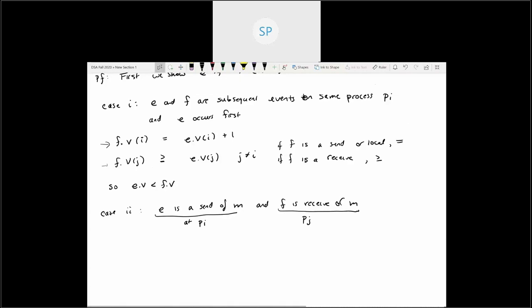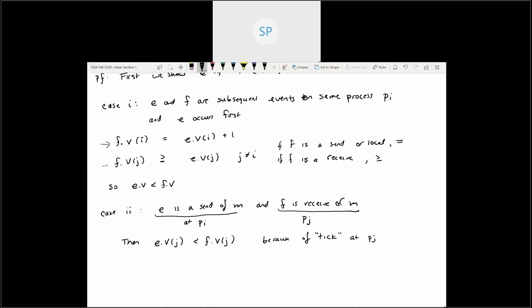So we look now at the jth component of F. It's going to be bigger than the jth component of E because process J ticked its clock before timestamping F.